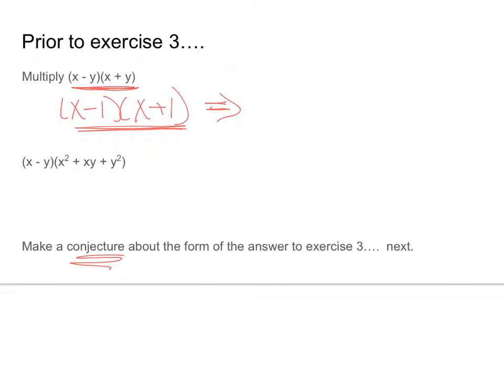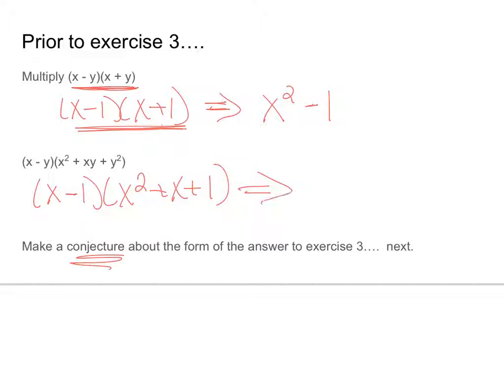So we just did x minus 1 times x plus 1 gives us a pattern of x squared minus 1. Okay, here we can use the pattern from the previous slides. We did x minus 1 times x squared plus x plus 1, and that gave us x cubed minus 1. But now we have a y there. So now we're trying to figure out what to do when our terms are not so simple.